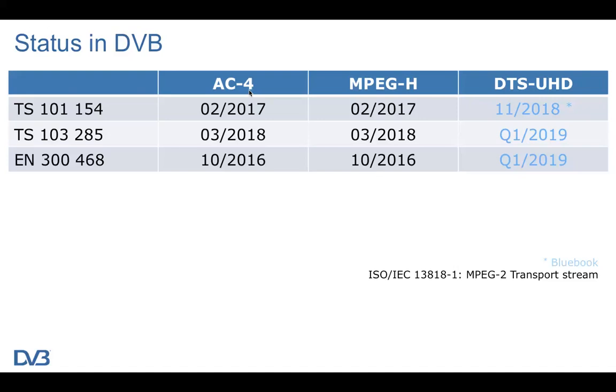And similarly for the service information in 300 468, this information actually started earlier, as you can see, but DTS UHD finally caught up at the beginning of this year. So all three of those technologies are now in those ETSI specifications, and it's all there ready for people to deploy. So what happens next?